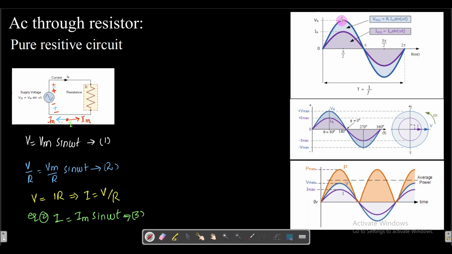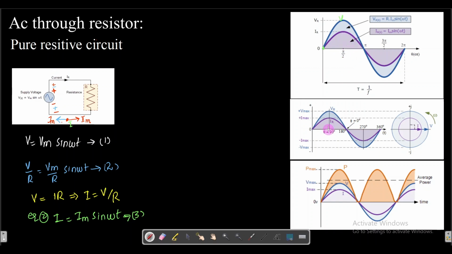It starts from 0 and is a sine function. We have the current, which is also a sine function, so it also starts from this position. Both are sine functions, and therefore there is no phase difference.